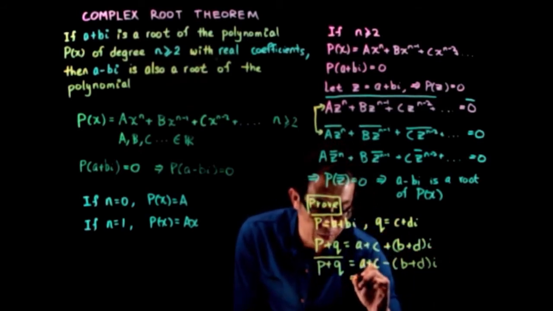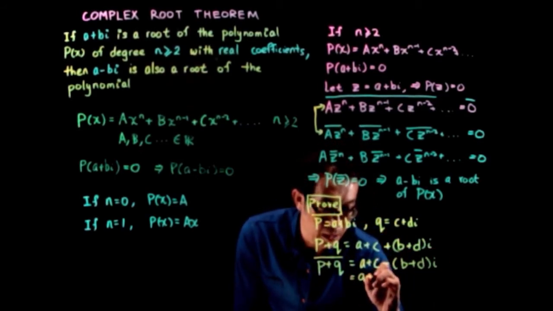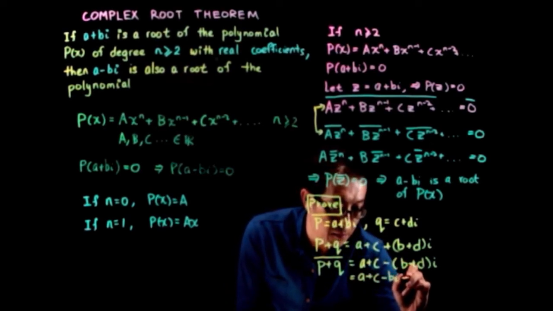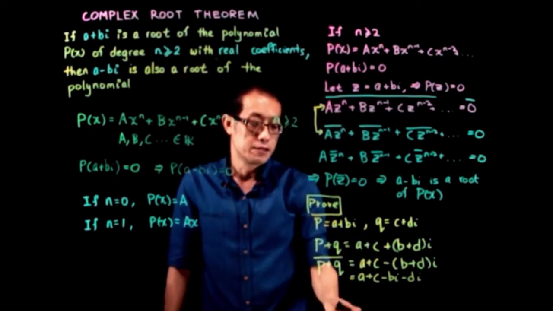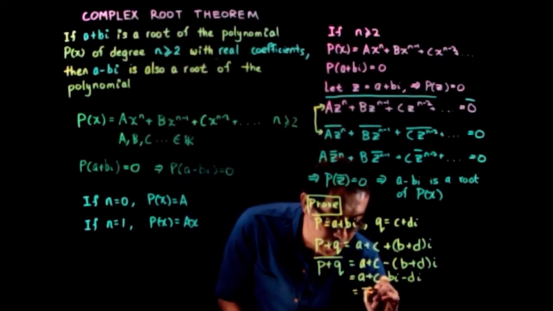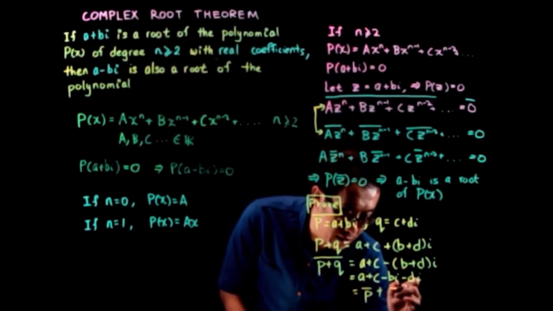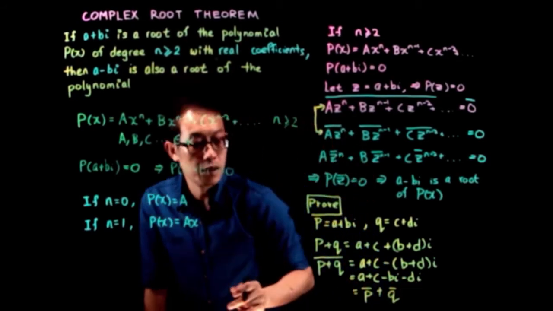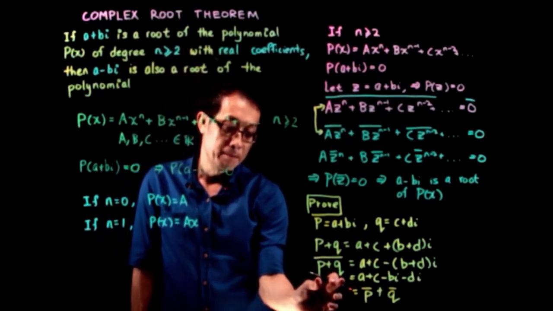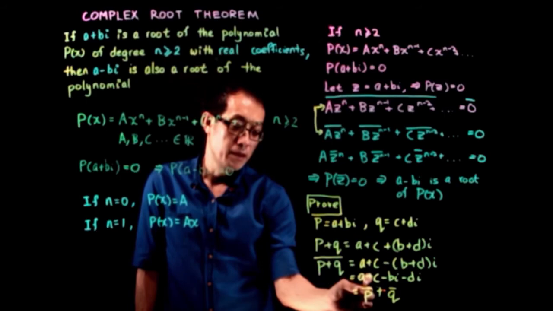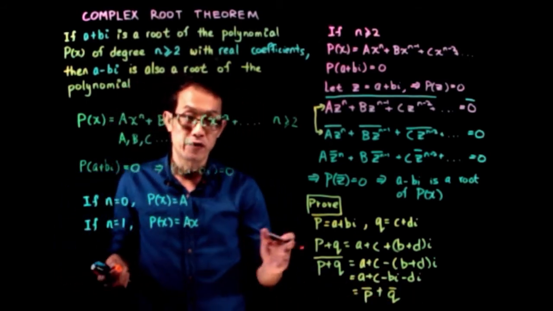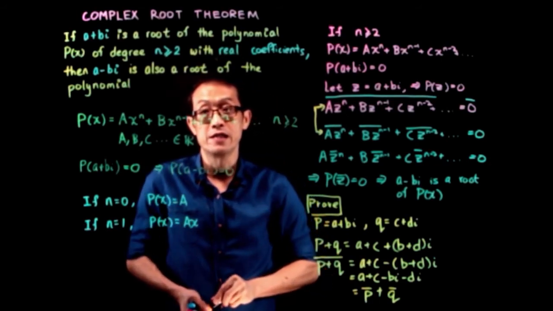So what will I get? I will get a plus c minus bi minus di. Now a minus bi is the conjugate of p. c minus di is the conjugate of q. So the conjugate of the sum is equal to the sum of the conjugates. Okay? Now with that we have come to the end of this proof.